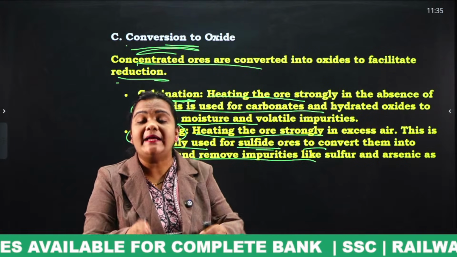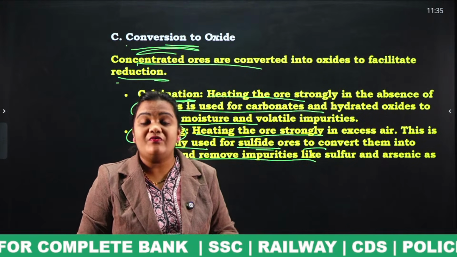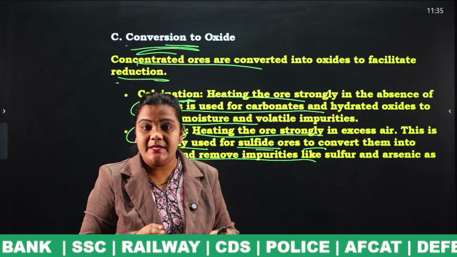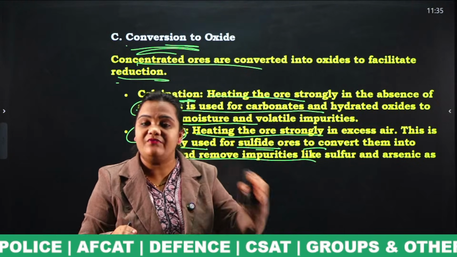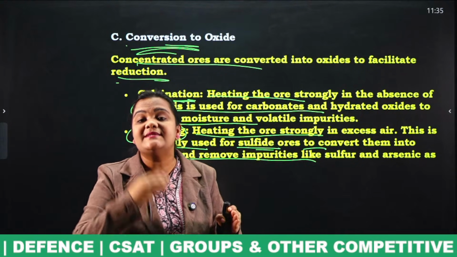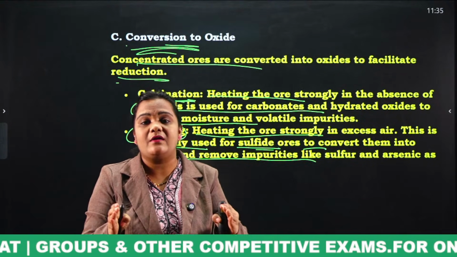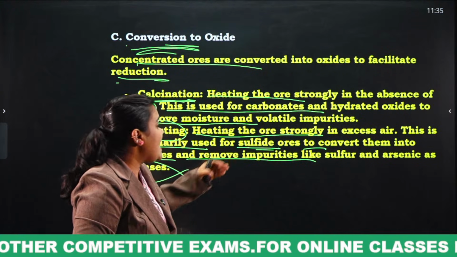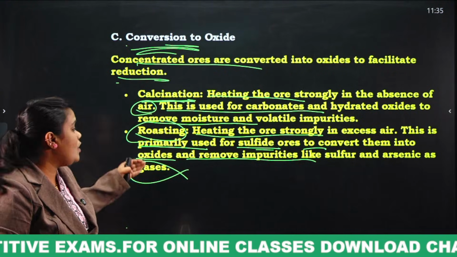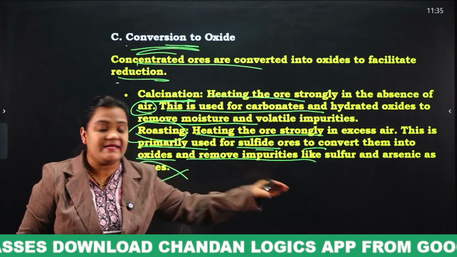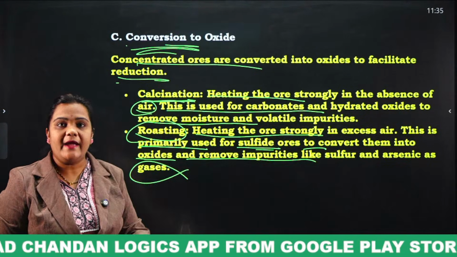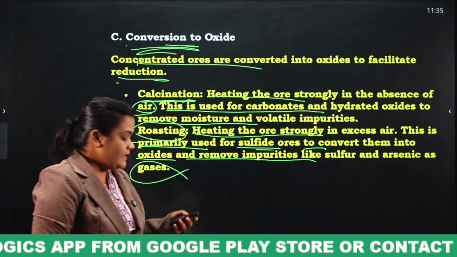We heat these sulfide ores by passing an excess amount of air, such that they convert into oxides and remove impurities like sulfur and arsenic as gases. So this is one process.